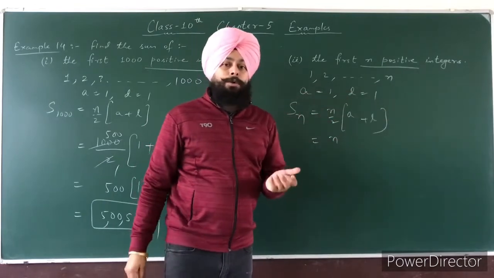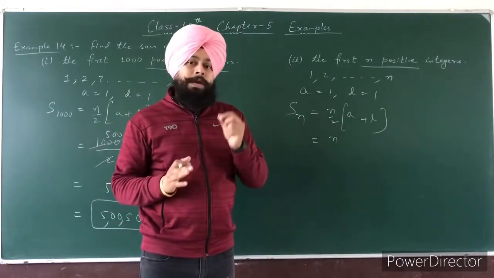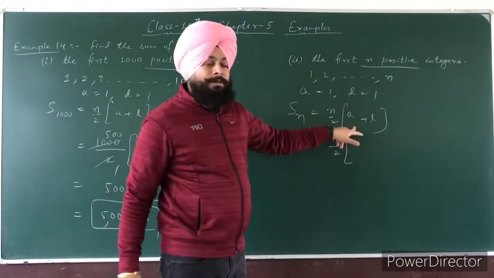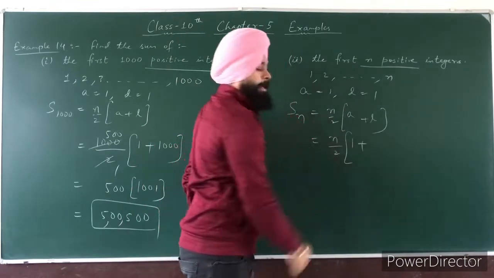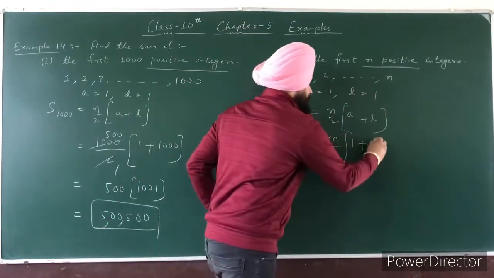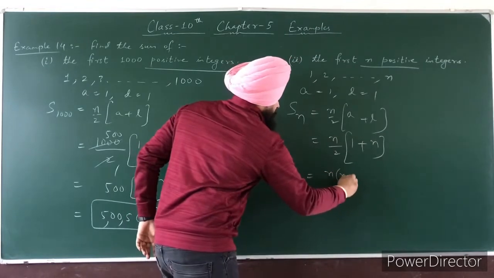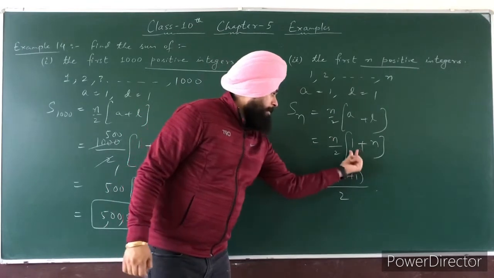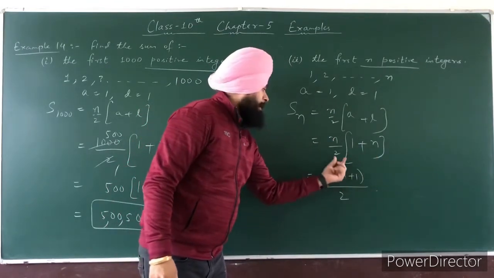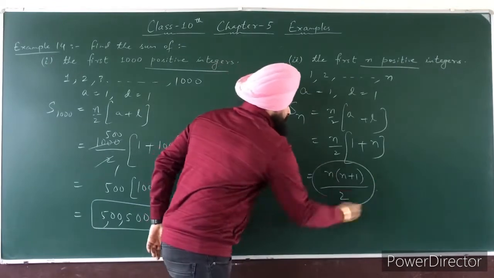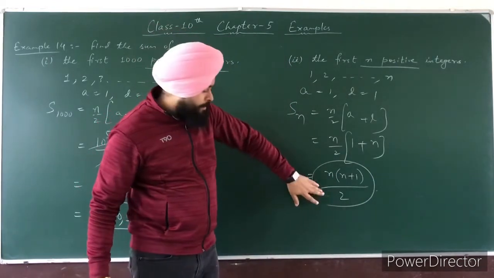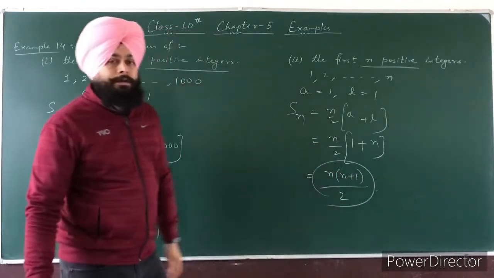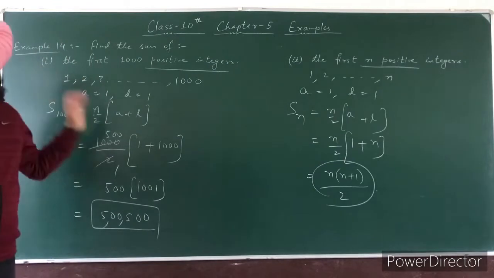You do not need to specify any term here, so you denote the last term by n. a, the first term, is 1, and the last term is again n. So what is the answer? n into n plus 1 divided by 2. This 1 plus n is also written as n plus 1. So the sum of the first n positive integers is equal to n into n plus 1 whole divided by 2. Alright, this is example number 14.